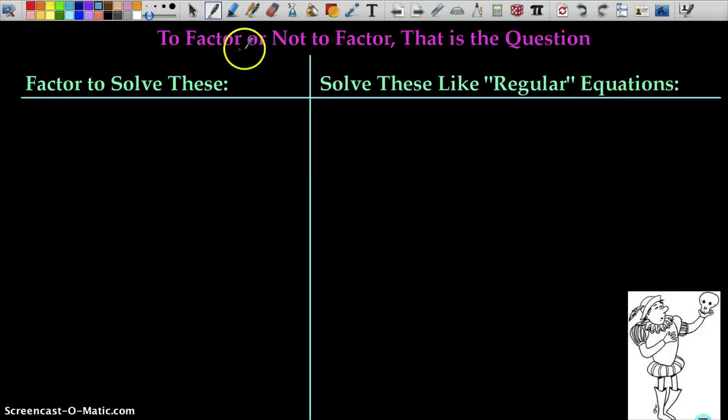Okay, so now you're probably wondering, when do I factor? When don't I factor? To factor or not to factor? That is the question. Okay, so factor to solve these. If you have something like this, you do not factor this.